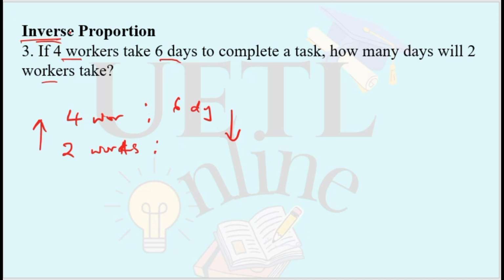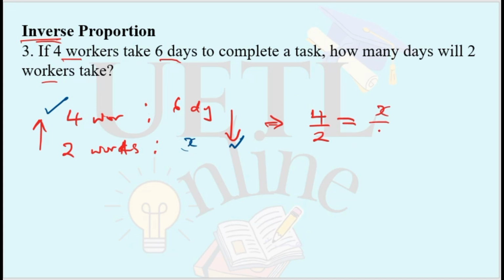To solve this, you just have to create the ratios like I did last time. We have workers here, so it becomes 4 over 2, then is equal to. Now we started with this rate. Please pay attention. On this side, you just have to start with the other rate. In this case, we want to know how many days, so we put x here. Now we start with the other rate, so it's going to be x over 6.